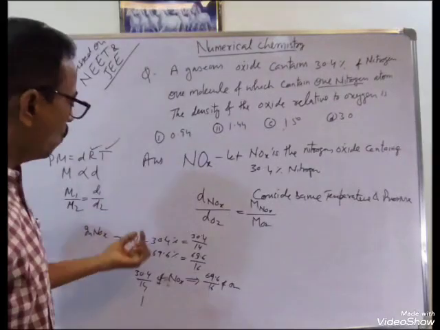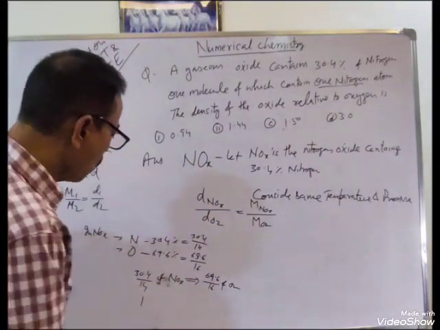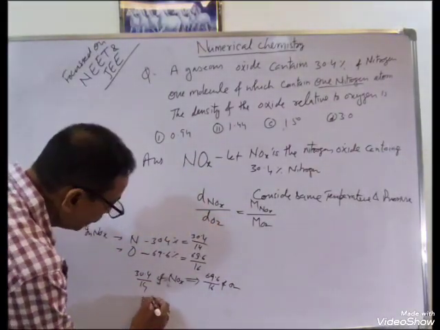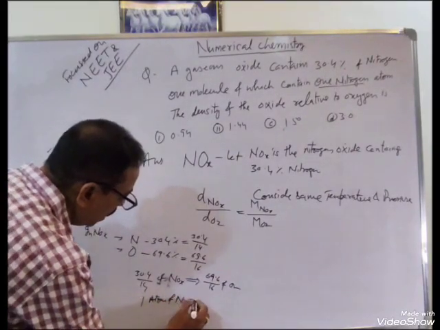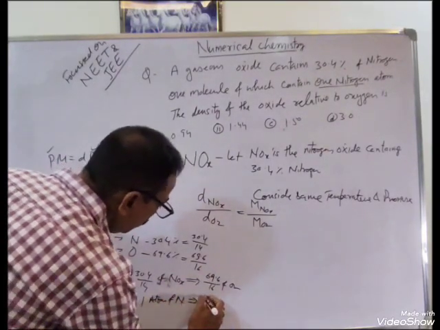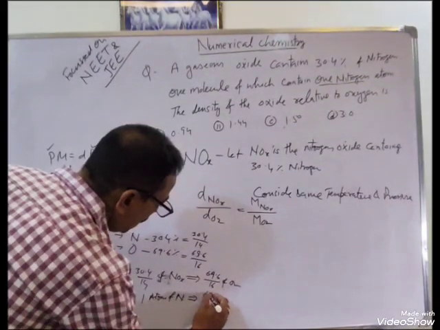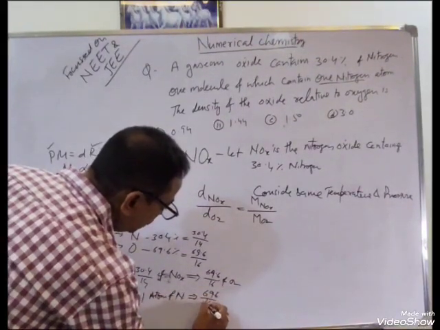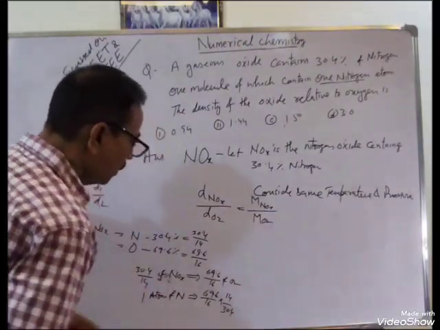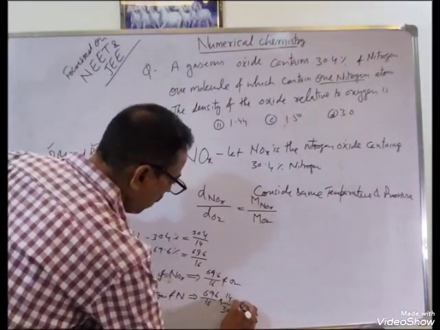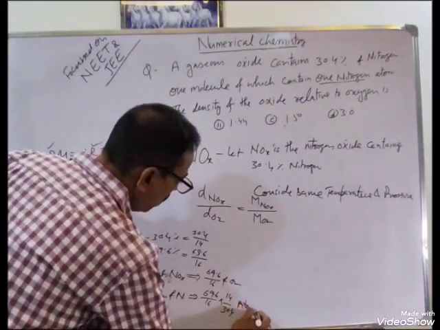Because only one atom of nitrogen is here, this corresponds to 69.6 divided by 16 into 14 divided by 30.4 atoms of oxygen.